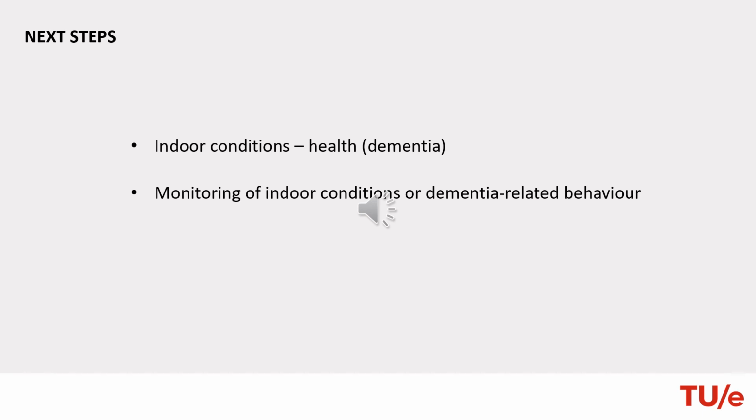And second, how can we monitor in a better way either the indoor conditions or the behavior that people with dementia show? In that way, we can use data-driven solutions to provide better environments to the people and also to give better information to the care staff of buildings on the health status of the people.